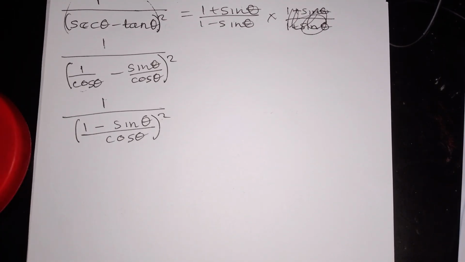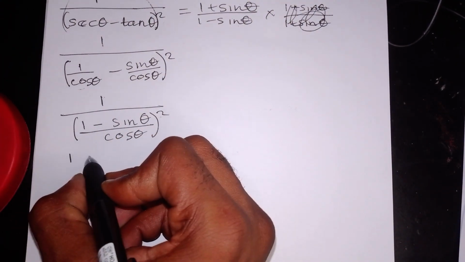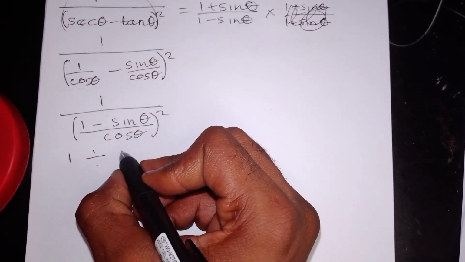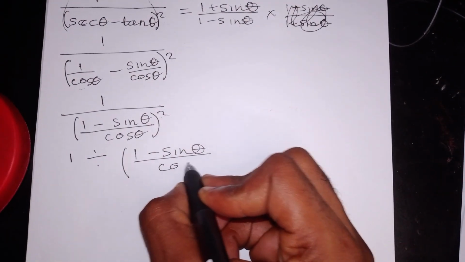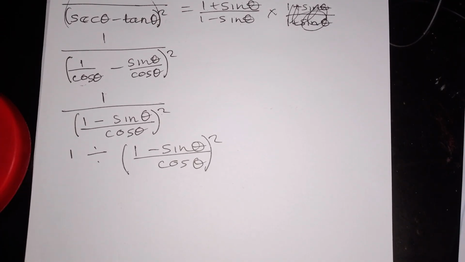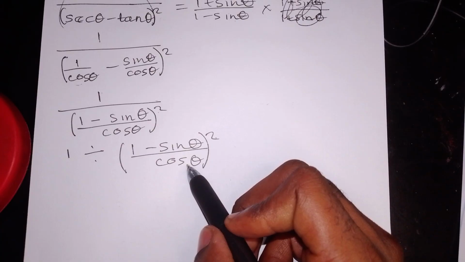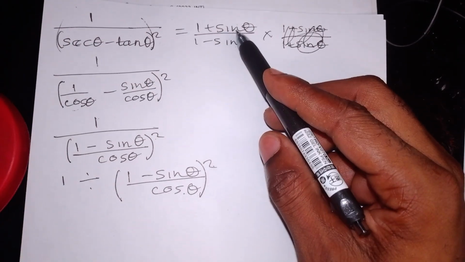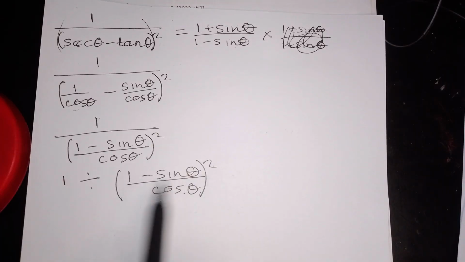And then after this, you can simply say 1 divided by this thing here, 1 minus sine theta over cos theta, squared. So remember, the square is for both the numerator and the denominator. But because we do not have any square there, I don't think it's a good idea to expand this.